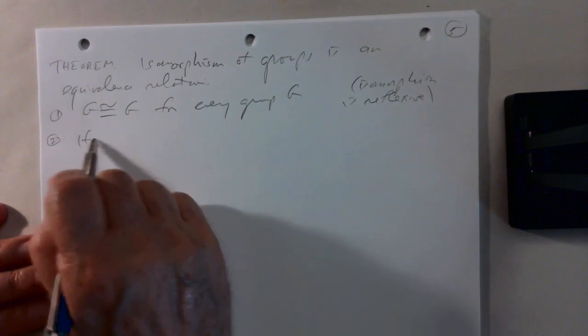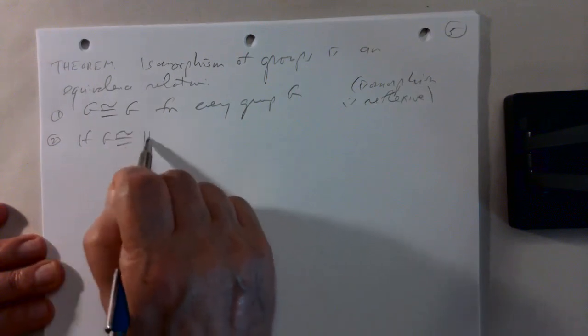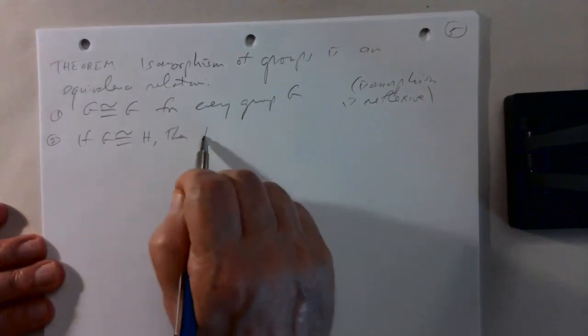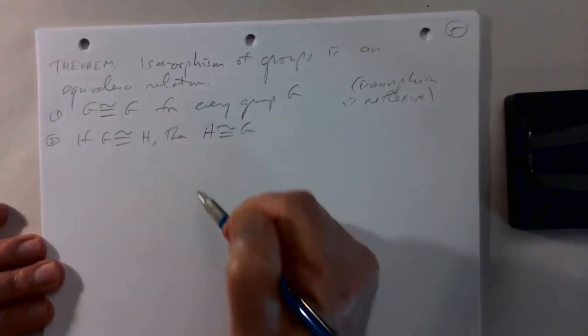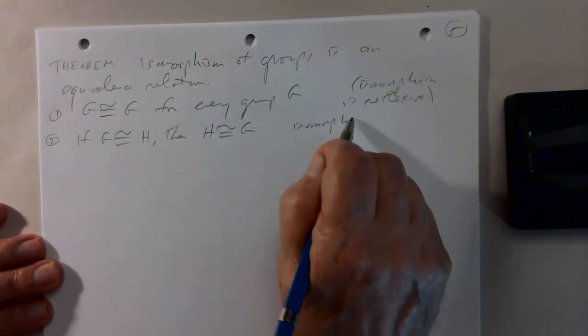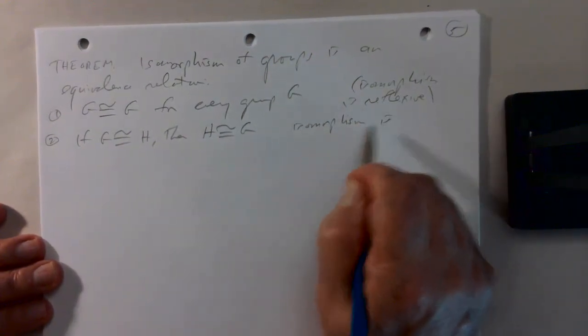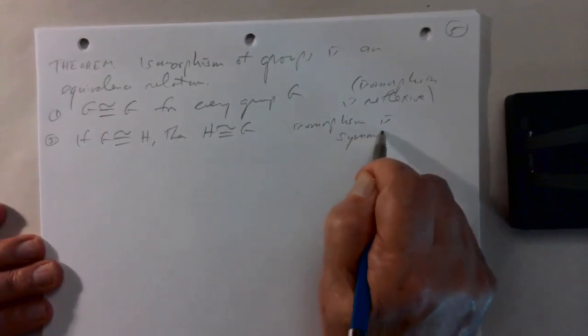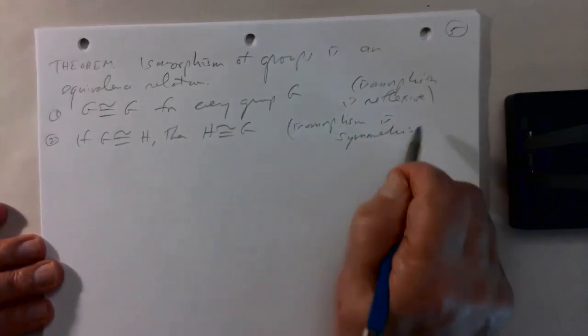Second, if G is isomorphic to H, then H is isomorphic to G. So this relation of isomorphism is symmetric.